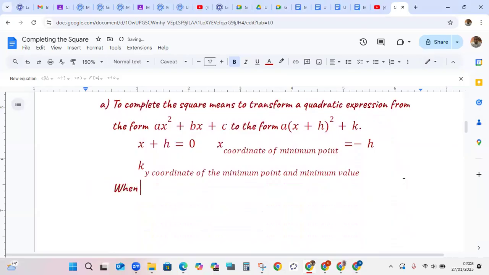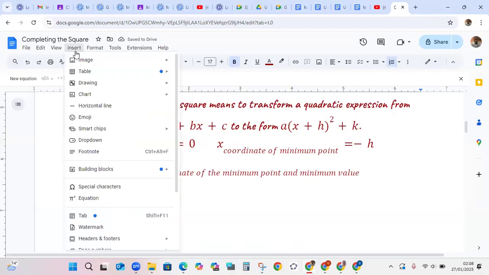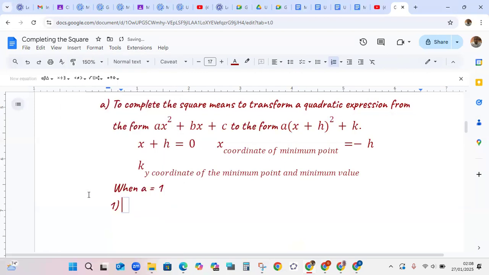So when a is 1, you do basically 2 things. You divide b by 2, that will give you h or p, whatever letter you associate that new number to be.